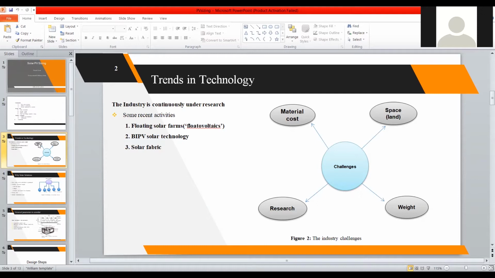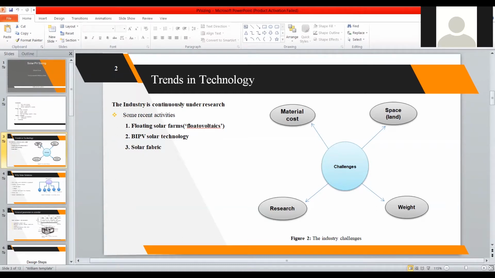So there's so much research that has been going on to try and overcome these challenges. When you talk about the recent trends in technology, we've seen they've been able to make floating solar farms. This has come about to overcome the challenge of land or space. We now find that there are plants put over seas or water.